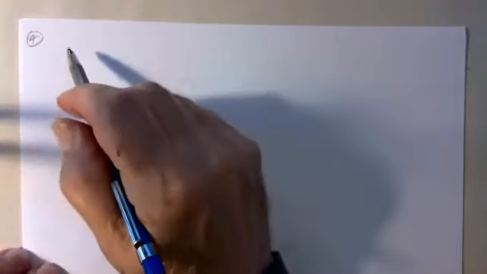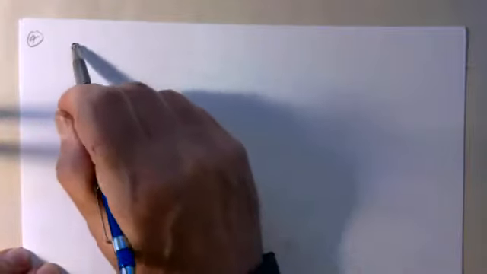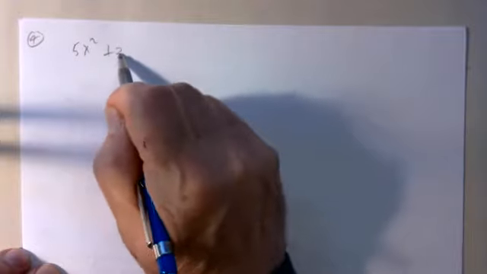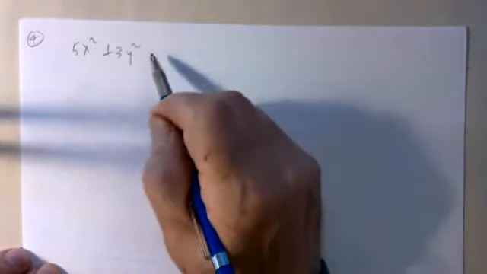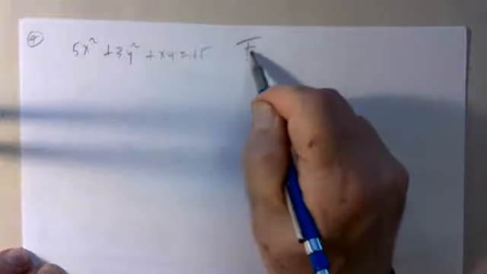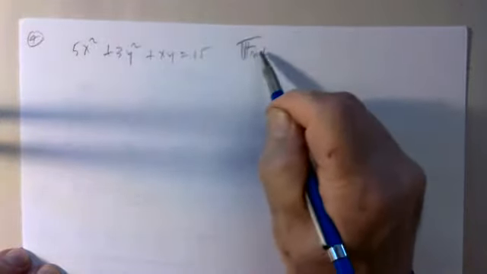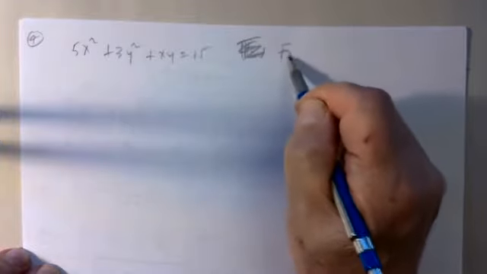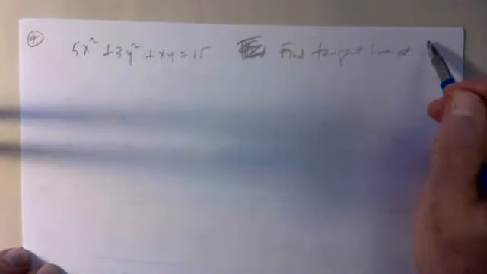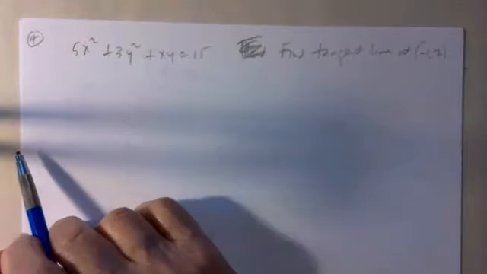Problem 4, we have a curve given by the equation 5x squared plus 3y squared plus xy equals 15. And we want to find the tangent line at point minus 1, 2.